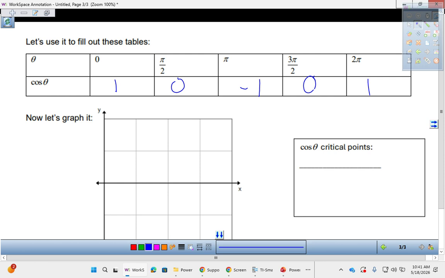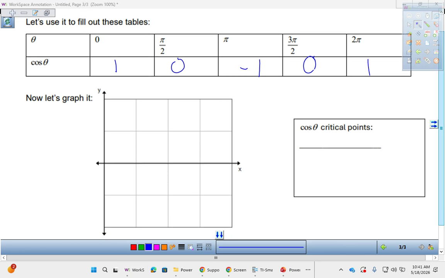So I'm going to graph this one. On the x-axis, the scale is 0, pi over 2, pi, 3 pi over 2, and 2 pi. And on the y, I'm just going to go 1, 2, negative 1, negative 2.